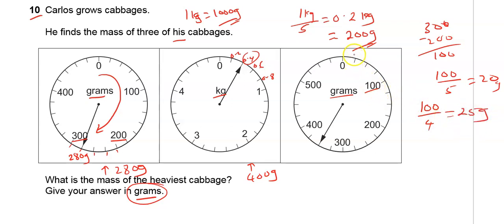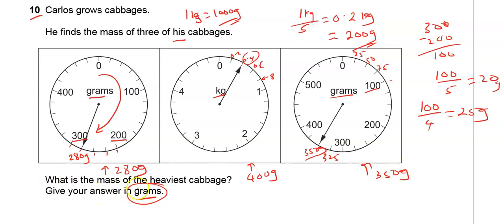So this is 25, this is 50, this is 75, then 100. So then we are at 300. So this is going to be 325. This point would be 350 grams. So this is a 350 gram cabbage.